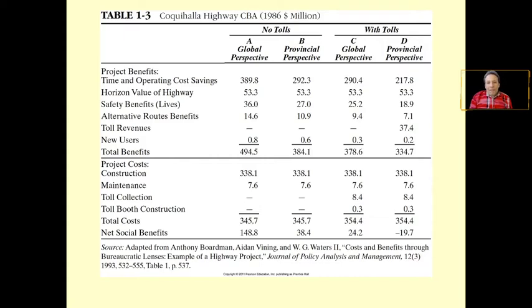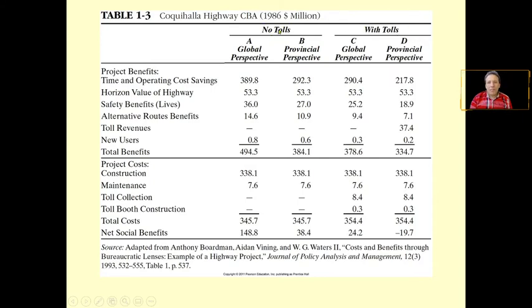So we have here an example of that, the Coquihalla Highway, or this motorway. I think this is a project in Australia, if my memory is right. We have the project of the highway with tolls and with no tolls.